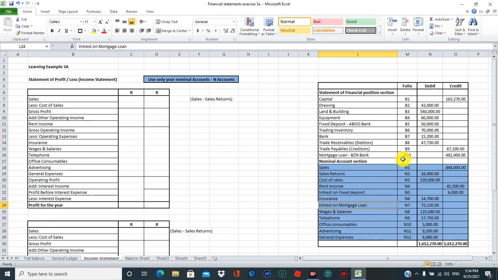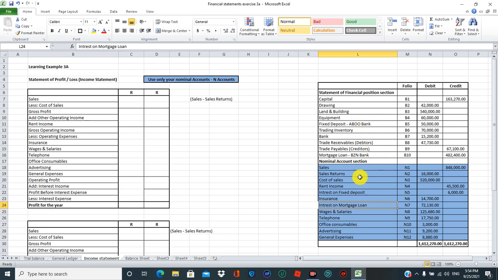First of all, your folio number is allocated to all your accounts, and it stays the same for the duration of your business. It never changes, so you can pick up the folio from the previous month's trial balance.